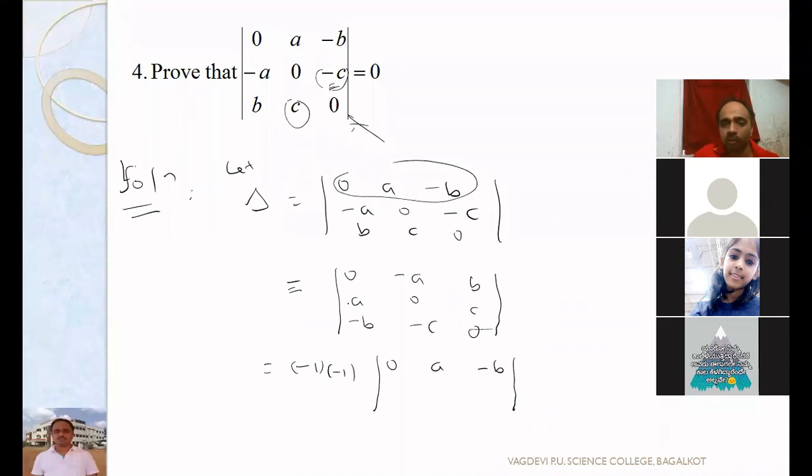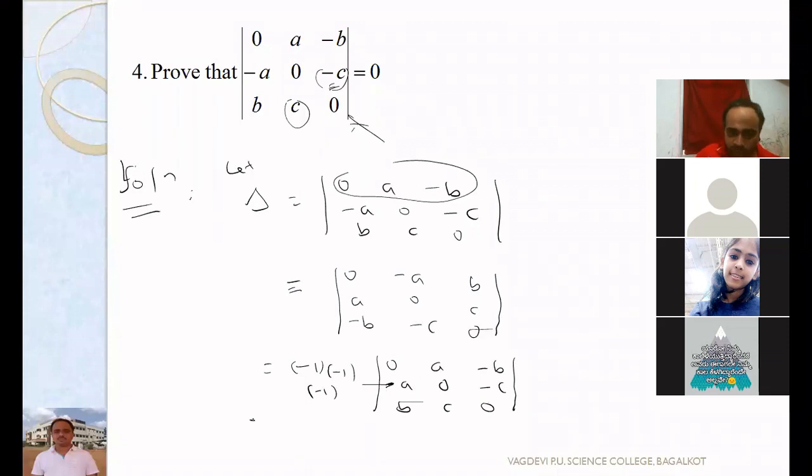If I take minus 1 common in the second row, I get minus A, 0, minus C. Similarly, in the third row also I will take minus 1 common: minus B becomes plus B, plus C, 0. Is it correct? I have taken minus common in the first row, second row, and third row.